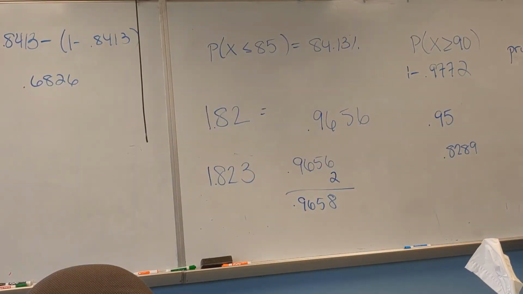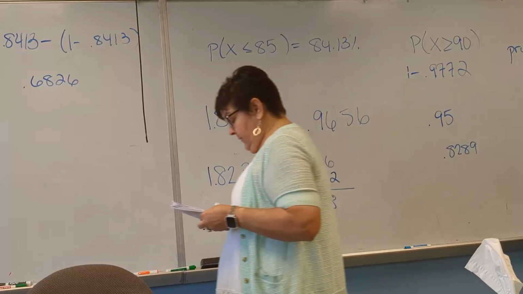And I want you to go until you see 0.95 or something close to it without going over. I feel like I'm on The Price is Right. Okay, so you're going to look for 0.95. If you can't find 0.95, you're going to go as close as you can without going over.